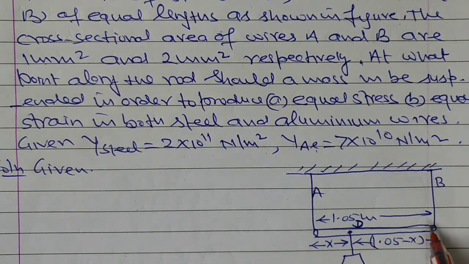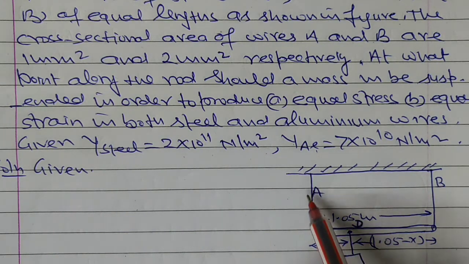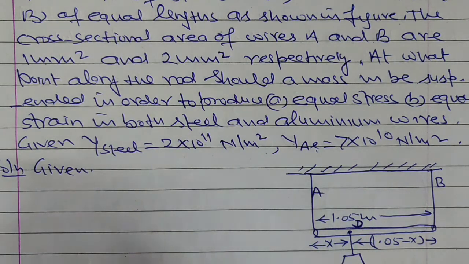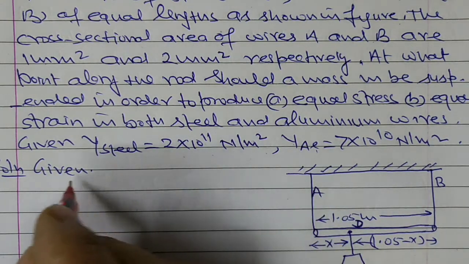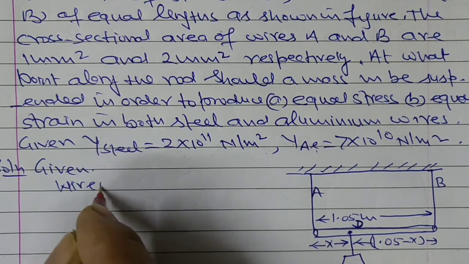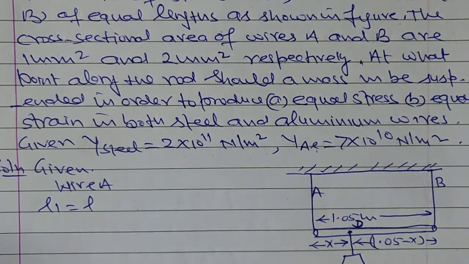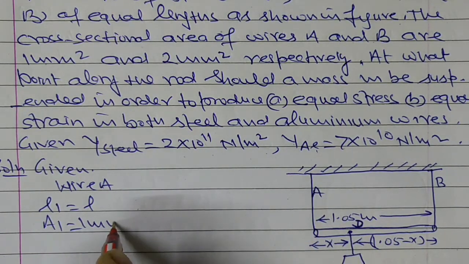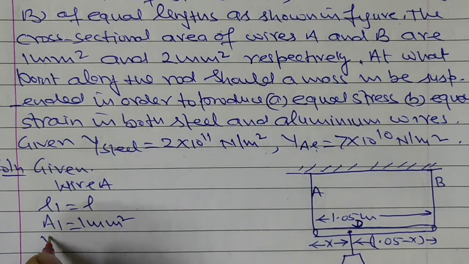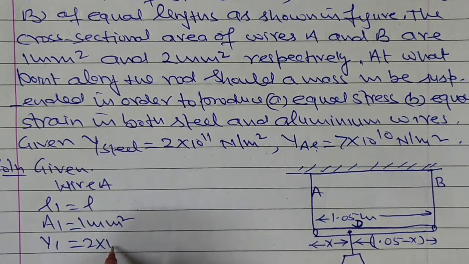Given this rod of length 1.05 meter and negligible mass, it is suspended from two wires, wire A and wire B, and this mass M is hanging at point D, suppose. Given that the length of wire A, L1, is L, its area of cross section A1 is 1 millimeter square, and Young's modulus Y1 is 2 into 10 to the power 11 Newton per meter square.